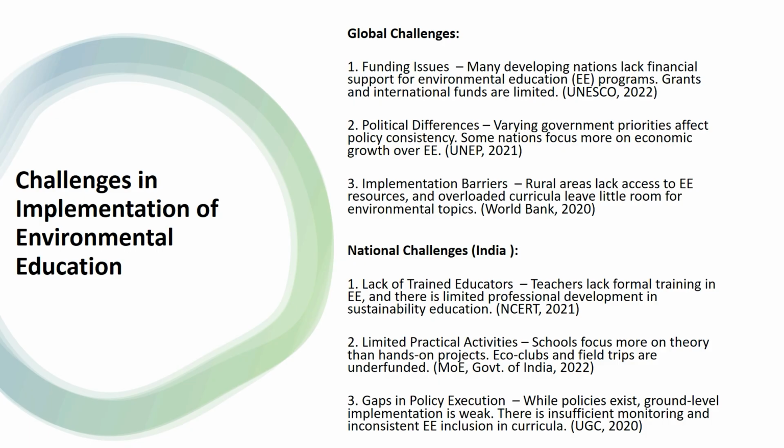Eco Club and field trips are underfunded. That is the MOE, Government of India 2022 report. Gaps in policy execution. While policies exist, at ground level implementation is weak. There is insufficient monitoring and inconsistent environmental education inclusion in curricula. That is the report of UGC 2020.